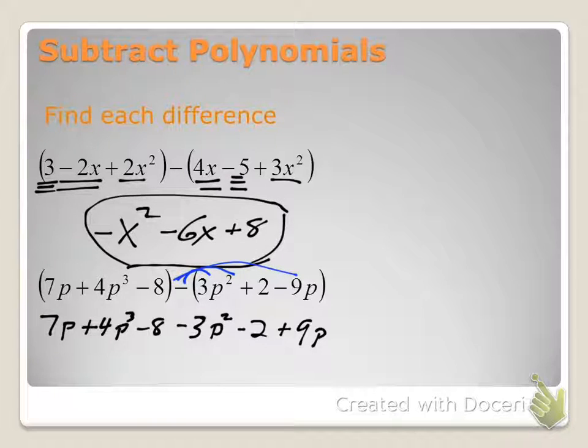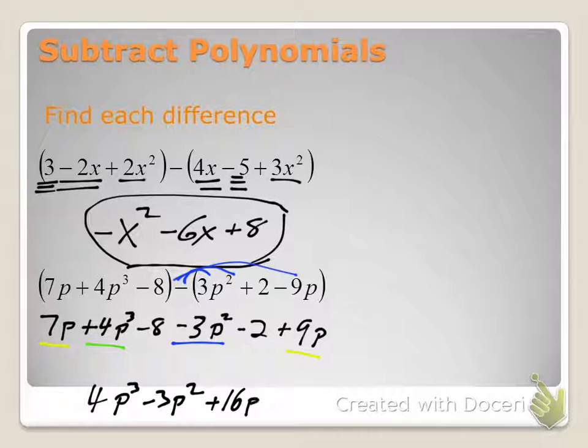So you have 4p cubed by itself. Then you have negative 3p squared. Then 7p with 9p gives you 16p positive. And then negative 8 minus 2 gives you negative 10.